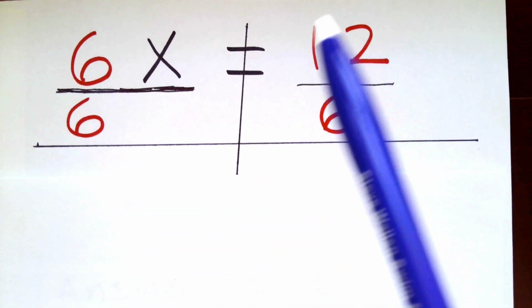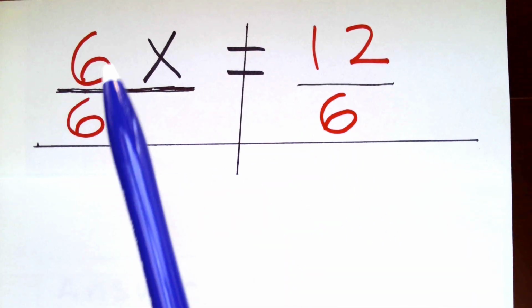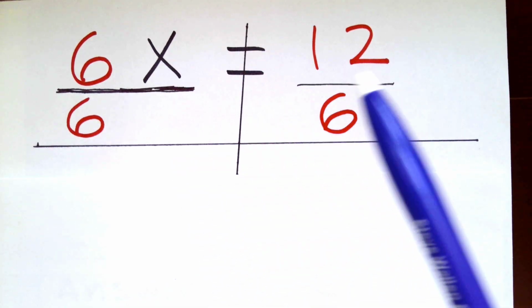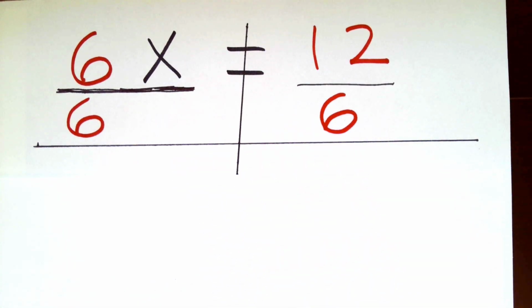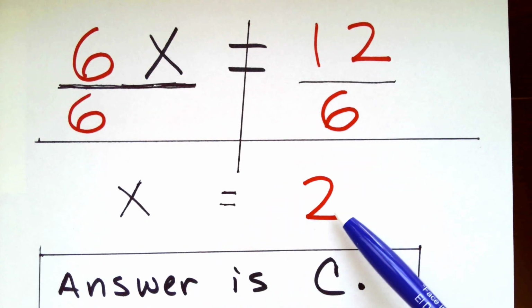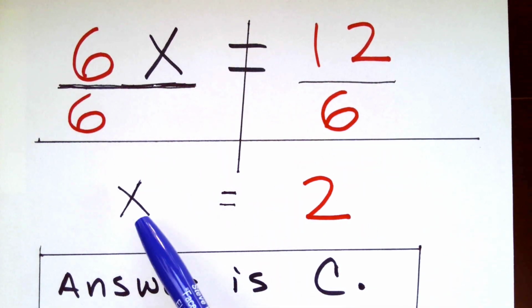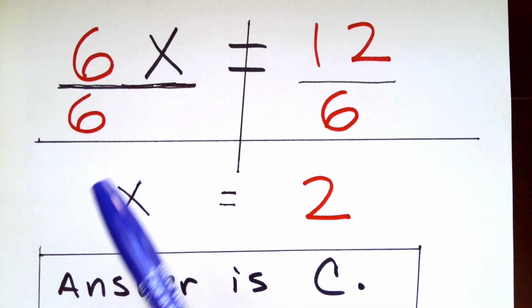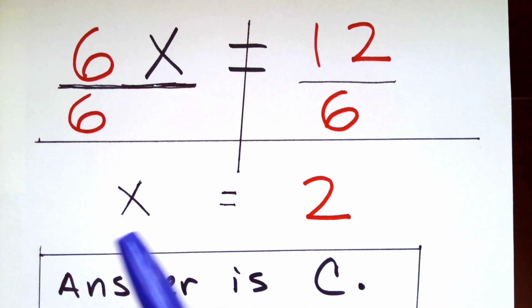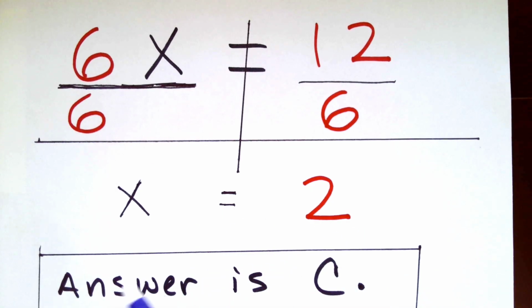Thankfully, we've only got one term on the right side. 6 divided by 6 is, what's anything over itself? 1x. What's 12 divided by 6? As you can see here, 12 divided by 6 is 2. And again, 6 over 6 is that invisible 1x. x is all by itself. That's our goal when solving multi-step, two-step, or one-step equations. We want to get that variable, x, y, z, all by itself. So the answer is C.